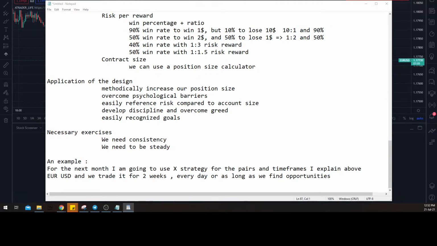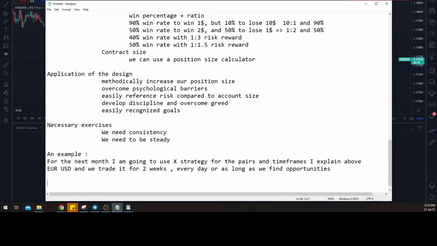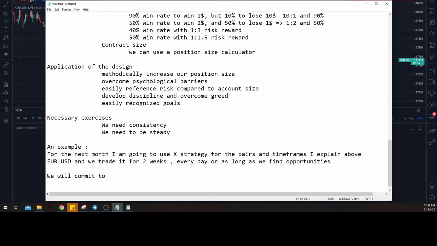So in this case, what we are going to do, like I said, we will commit to show up during those days and hours we planned initially.